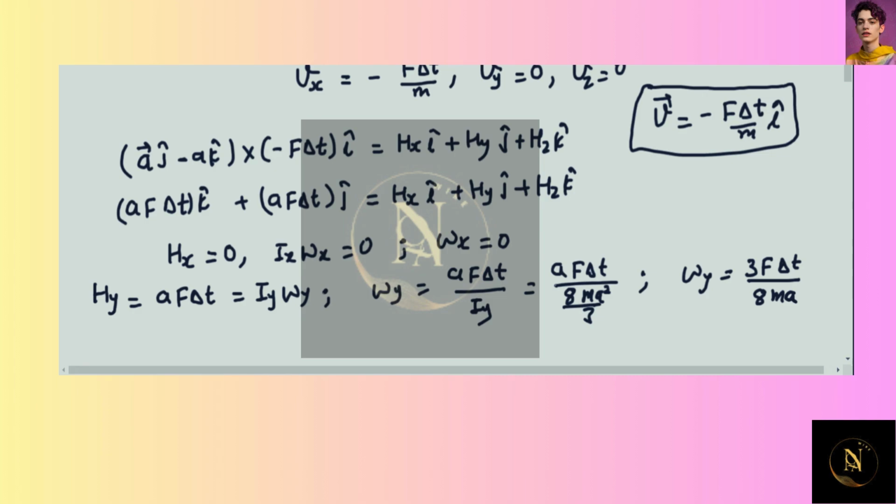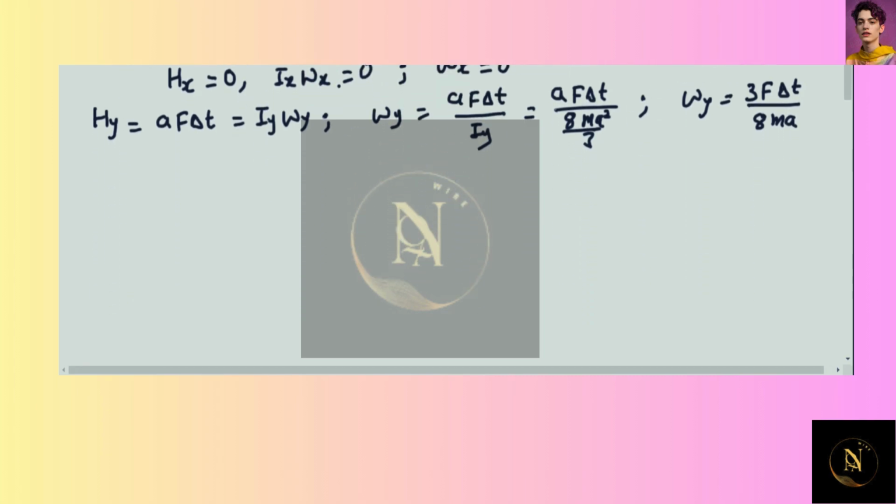Similarly, along z direction, Iz omega z. So from here omega z will be Hz upon Iz. Hz is aF delta t. Iz is 2 by 3 ma square.